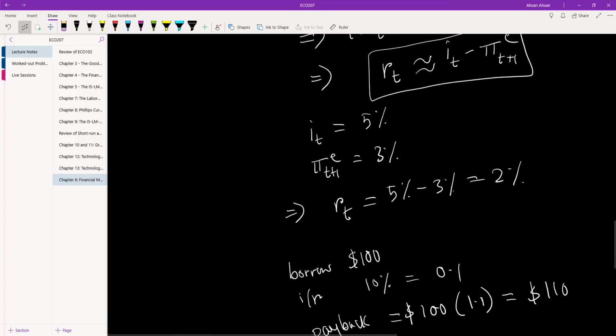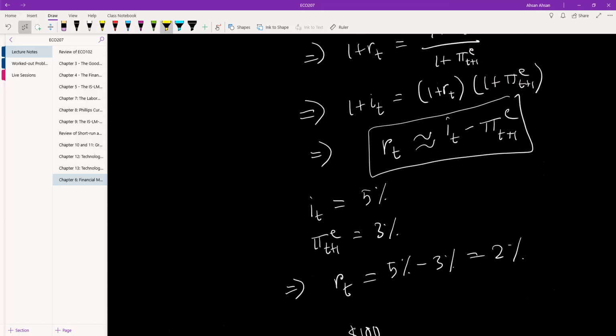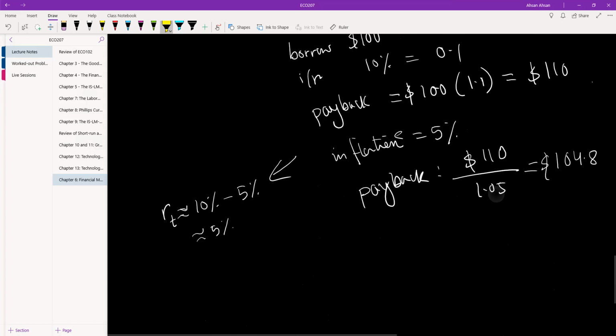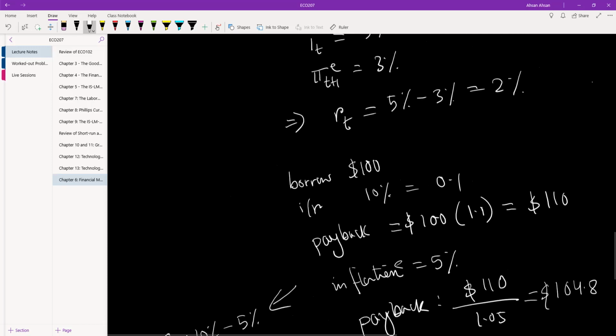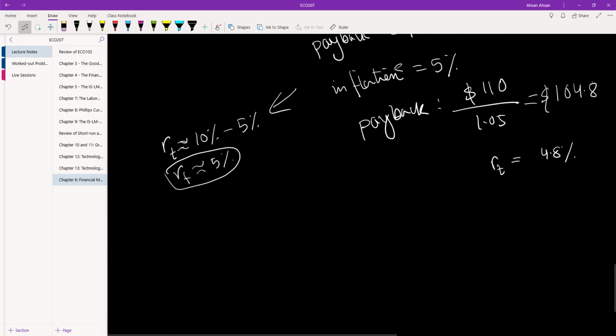Of course, notice that we haven't said is equal to, we're saying it's very close to. So we are calculating that real interest rate would have been very close to 5%, and that's what we see here, is that actual interest rate is 4.8%. So this equation right here gives us a shortcut of calculating, or at least getting close to, the real interest rate that's prevailing in the economy.